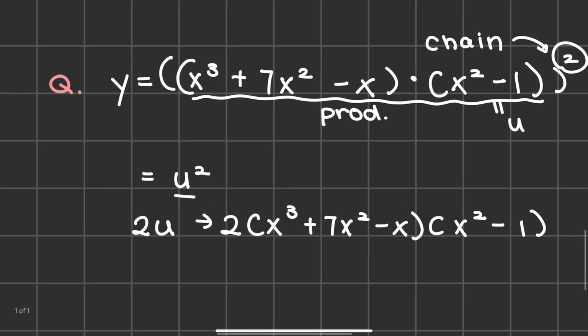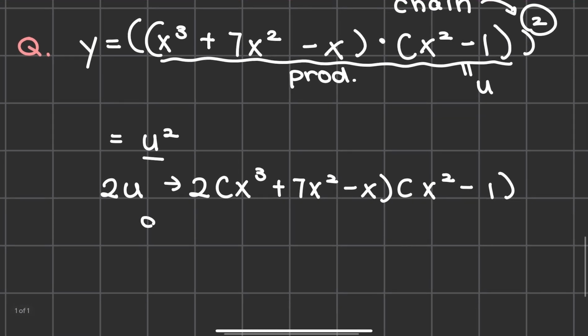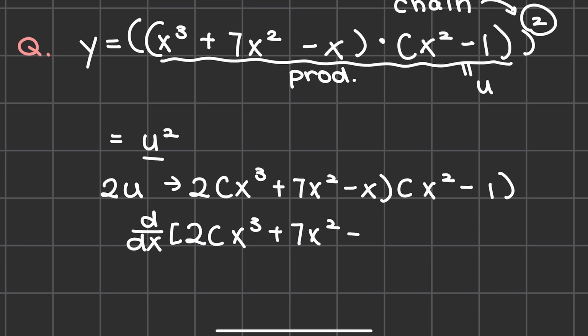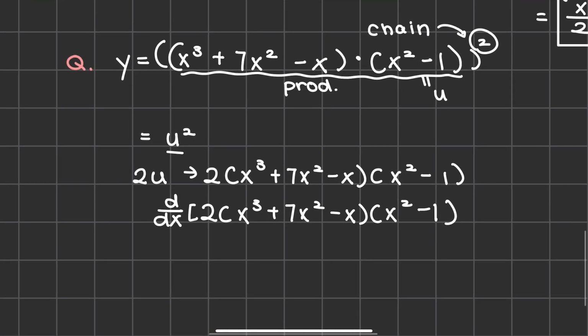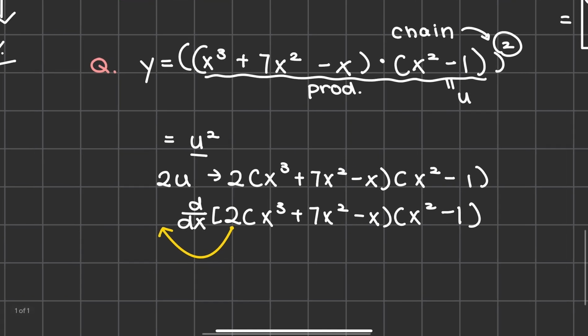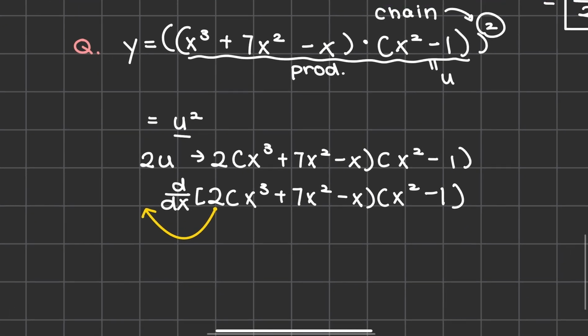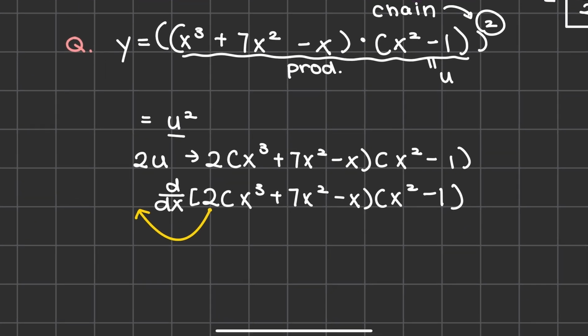That would simply be equal to the derivative of this huge function. And then all I have to do is use the constant multiplication rule to place the 2 outside. And then after that, we can do this again by using the product rule.